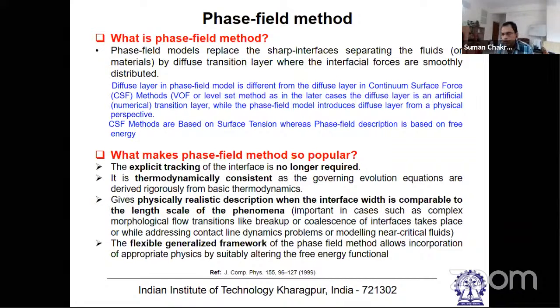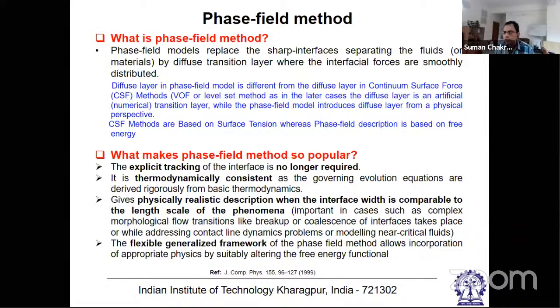The phase field method does not directly assign a surface tension force like that, but in a way it also implicitly captures the interface, not as a sharp interface but as a diffuse interface. But the diffuse interface is obtained by appealing to the thermodynamics of the problem.